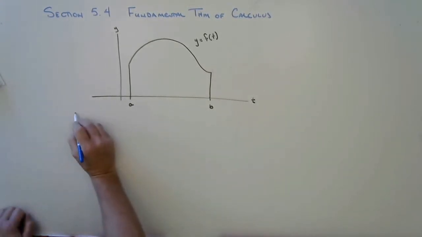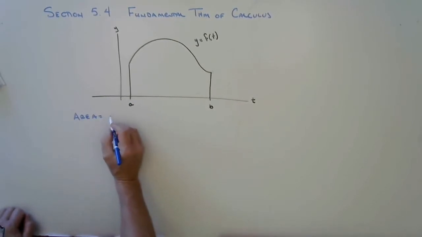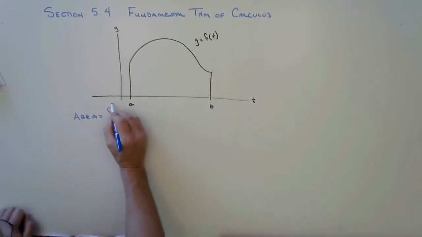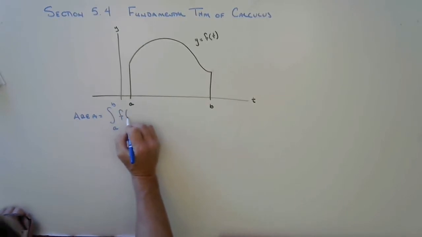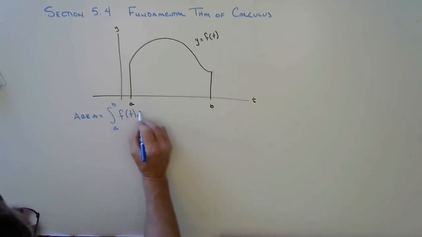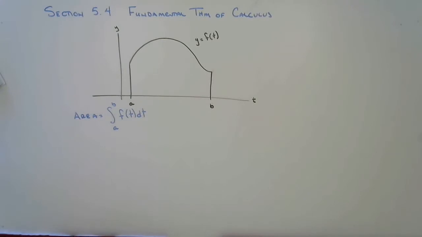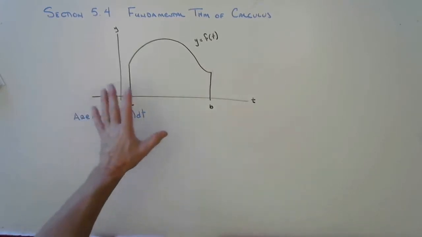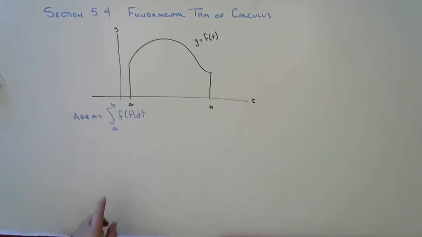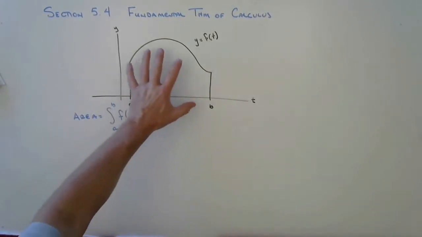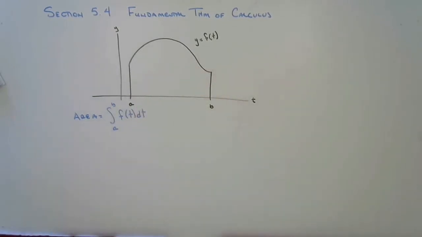The area, we know, is the integral from a to b of f of t dt. That's what we defined the area under a curve to be. We said the definite integral can be thought of as being the area. And if I integrate from a all the way to b, I get this entire area, and that's what we've done in section 5.1 and 5.2, and again in section 5.3.